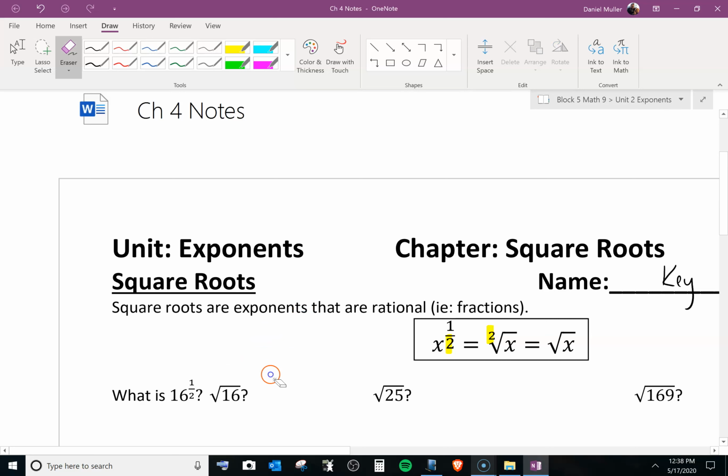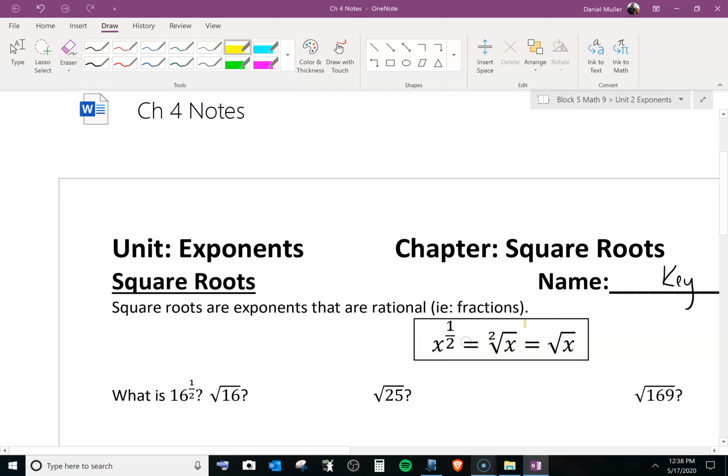So because there's a half there, I write the square root symbol with a little 2 there, except that we don't actually need to write the 2. We can just write it without the 2, and that assumes that it's going to be a 2.